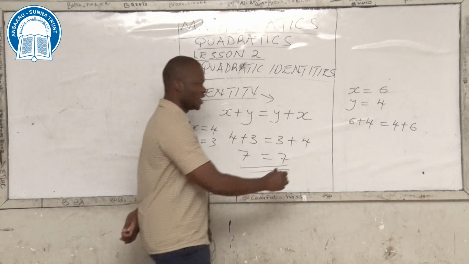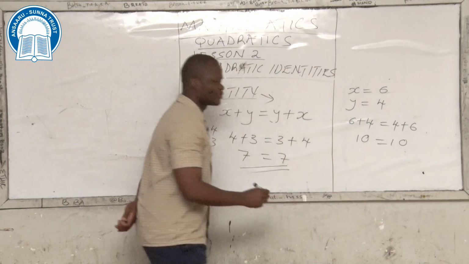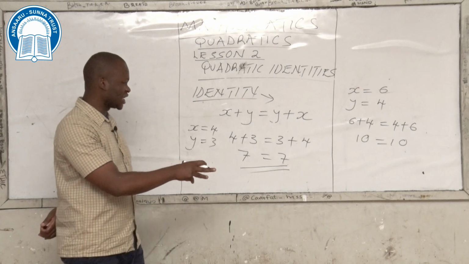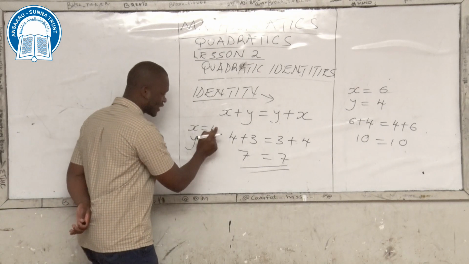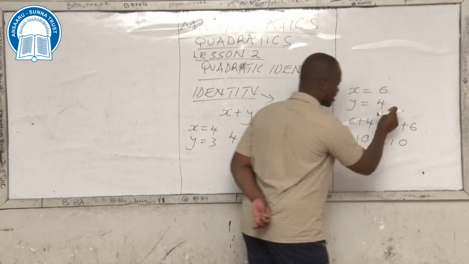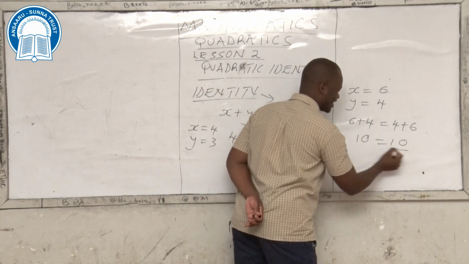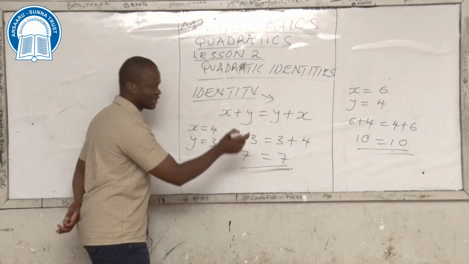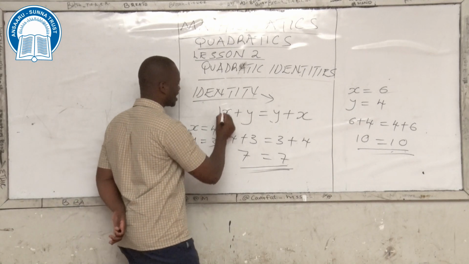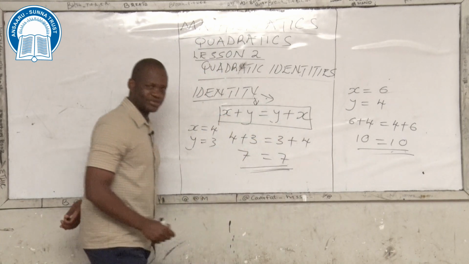Now what do we have? 10 is equal to 10. Of course, the equation still holds, meaning it is a true equation. Whether we use 4 and 3 or 6 and 4, the equation ends up being a true equation. Therefore, we are saying whatever we have here is an identity. Are we together?